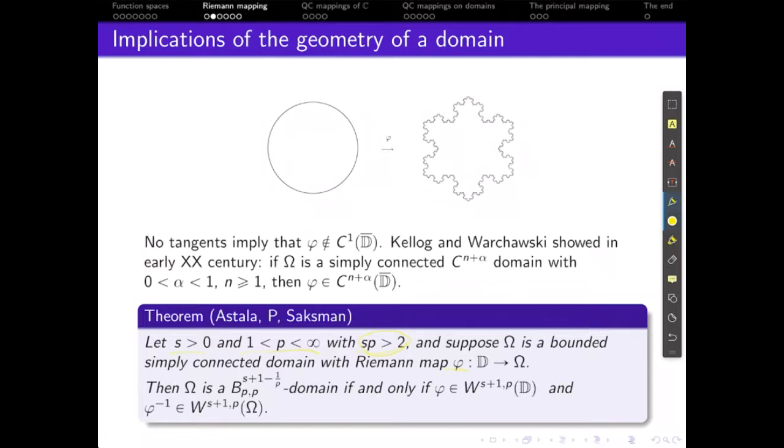Then we have the following equivalence. Omega is a Besov domain. I will talk about later what exactly this definition is, but essentially you can feel what this means: the parameterization of the boundary is in the Besov space. That the domain, as I was saying, is a Besov domain if and only if the Riemann mapping is Sobolev, s+1, and the inverse is also Sobolev.